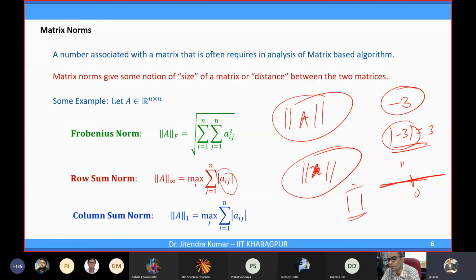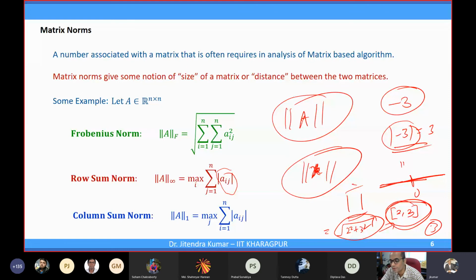A similar concept was extended when you have a vector of two components: how to judge the largeness, the size of this vector. The idea came that this is also a size, like taking the squares and summing them. This number is related to this vector. Or there are many other ways, like taking just the maximum, 3, because that is the largest among all these.